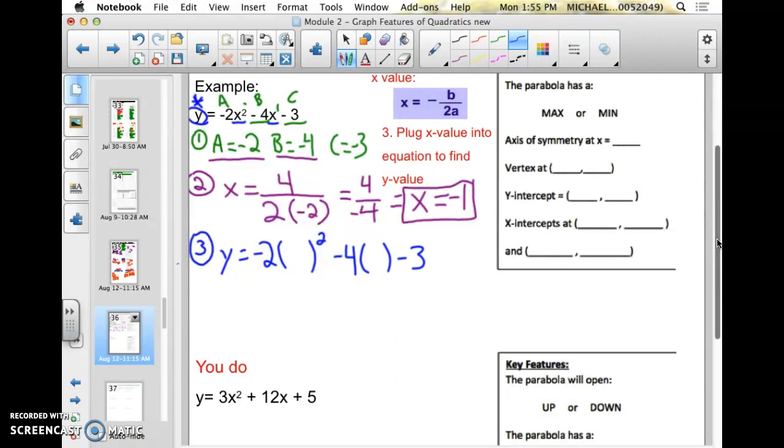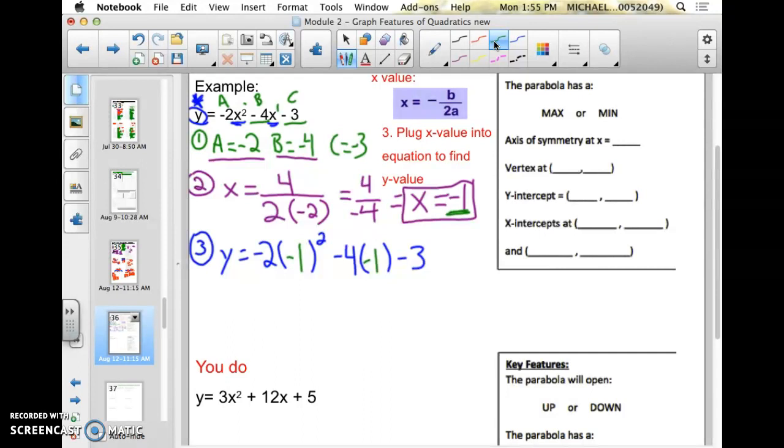So if you notice, it's the same thing as this function up here, but instead of the x's, I have put parentheses because those x variables are going to change to the x value that I found in step 2. So I'm going to put negative 1, the x value, into both parentheses. And then I'm just going to do that math.